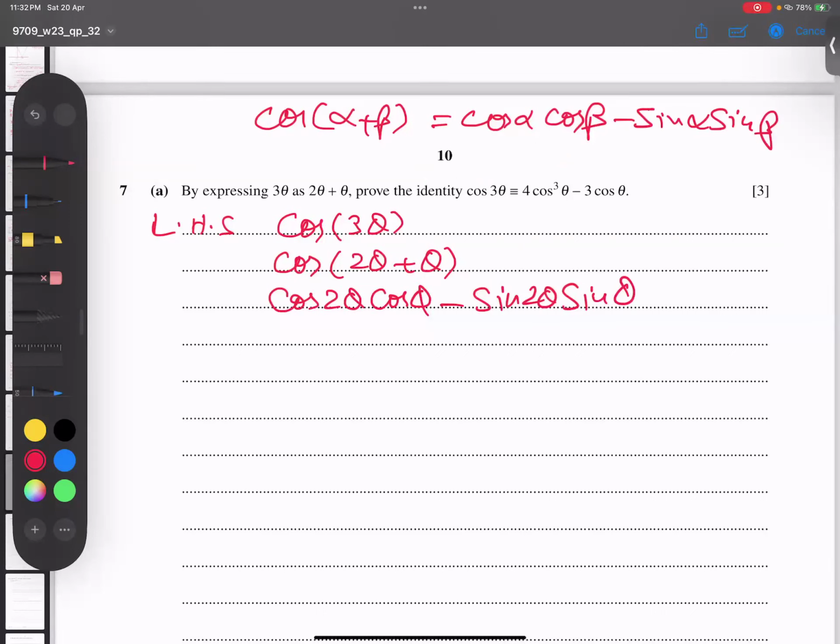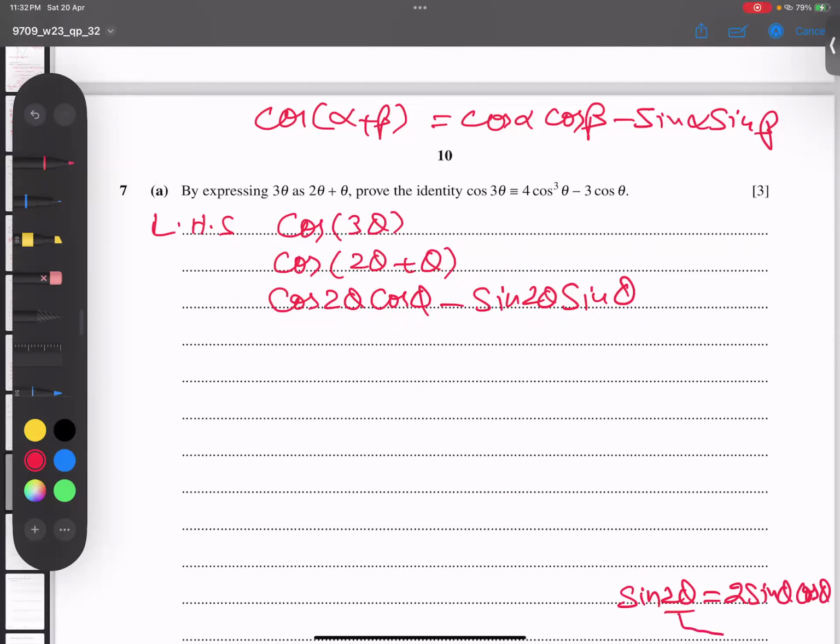Now, students, concentrate. What is here? Single theta. What is here? Single theta. It means this is acceptable, but these double angles are not acceptable, so we have to remove them. For sine double theta, we have a special formula, if you remember, and that is 2 sine theta cos theta.